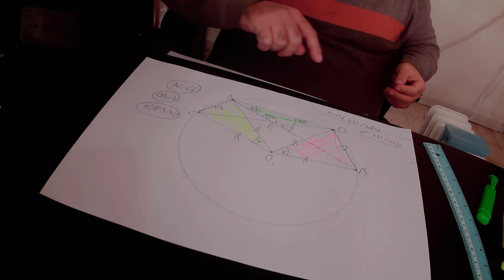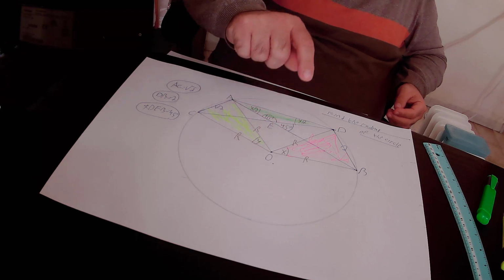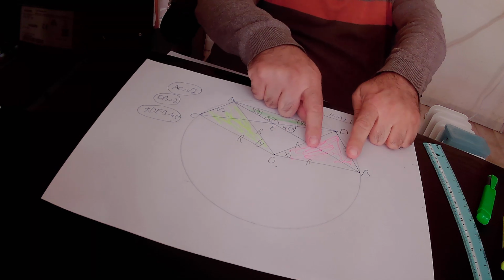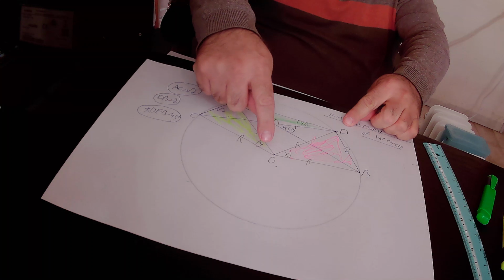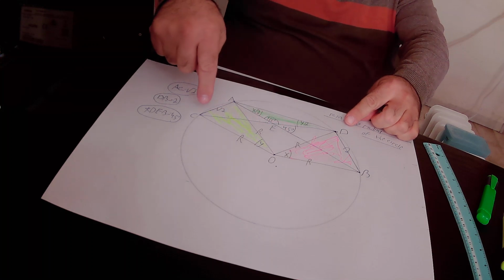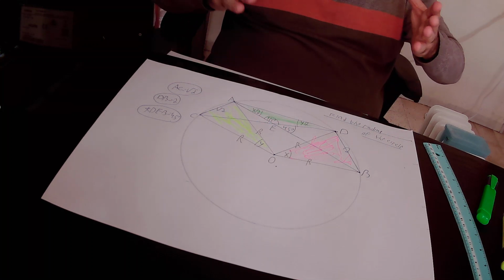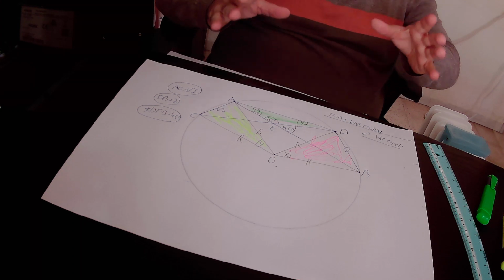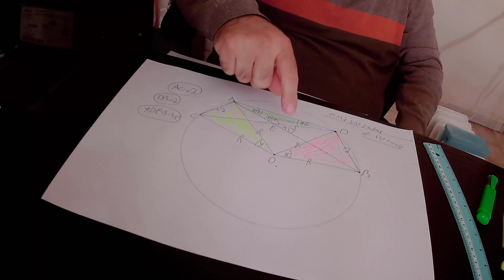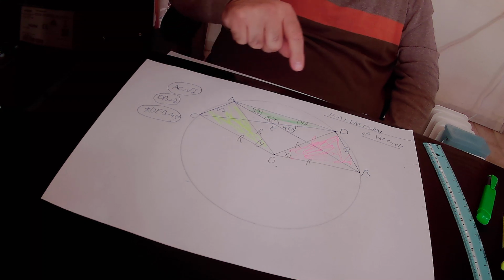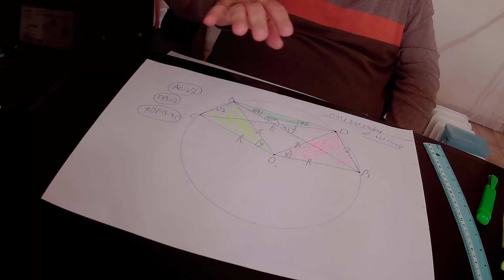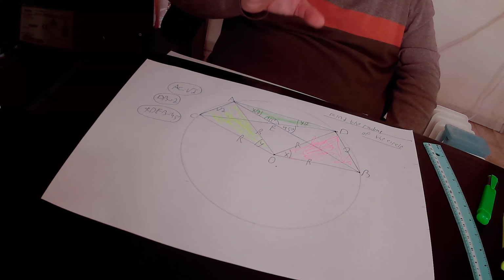So, we define the center of this circle, this point is O. We join points O and B, O and D, O and A, and O and C by a straight line. Those 4 line segments are all the radii of the circle. Why? Because they start from the center of the circle and end at points C, A, D, and B. Those 4 points are located on the circle itself.